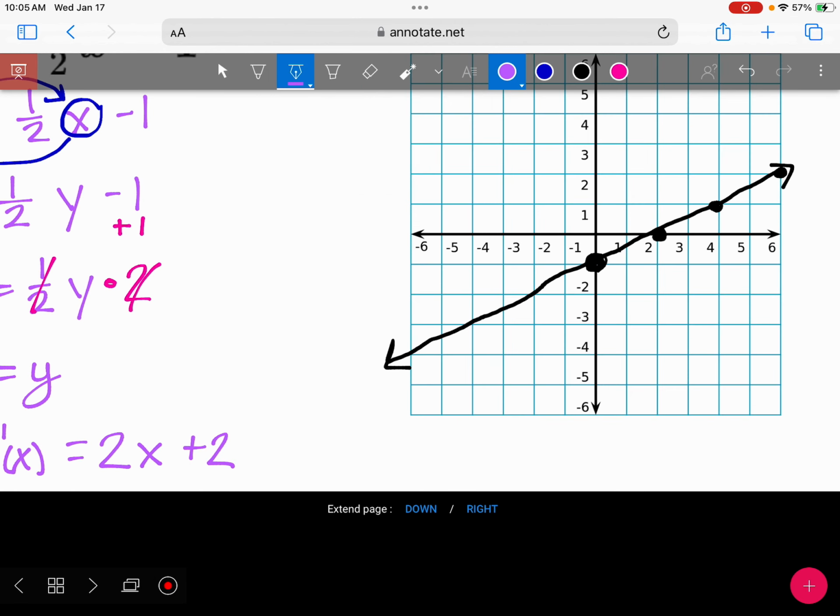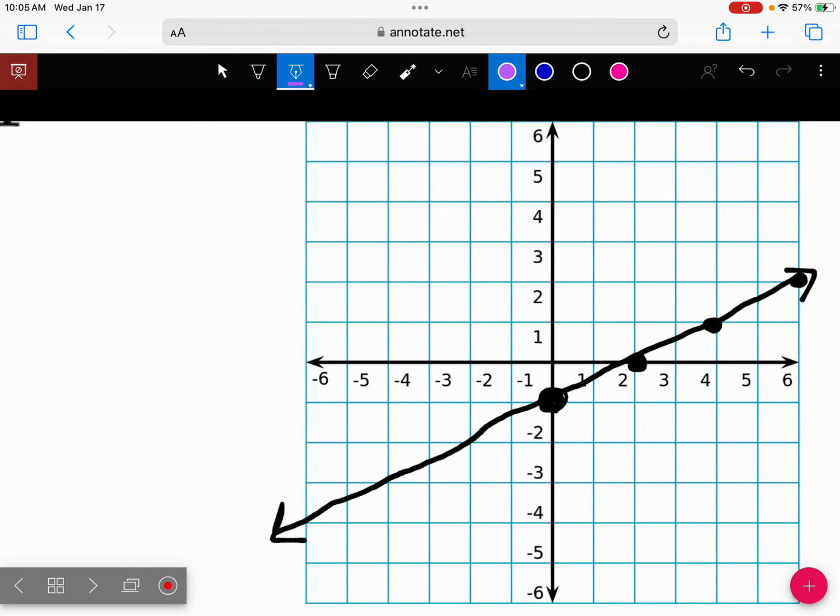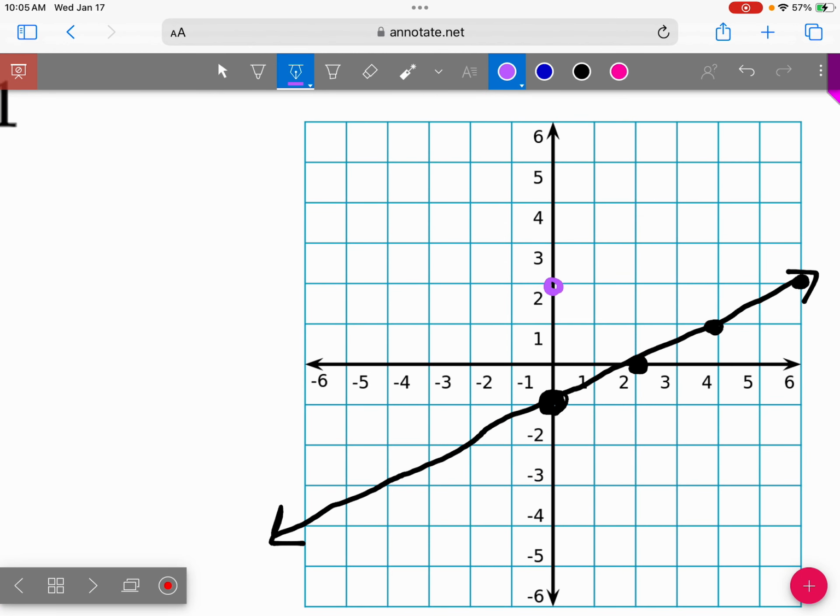Then let's look at our inverse. Let's graph our inverse. Where are we going to start for our inverse? +2 on our y-axis. It's always our y-intercept. Chunky dot so it's easy to see. Right at the 2. How do I find my next point?